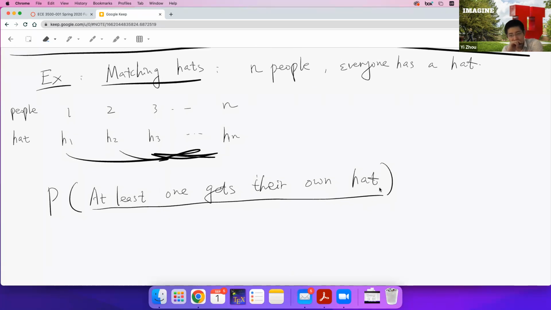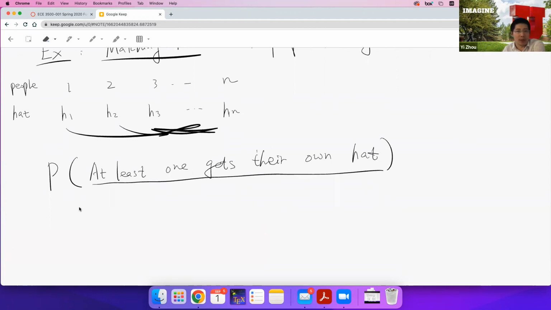So we can think about this problem starting from the basic structure of the probability space. First of all, what is the outcome space of this experiment? You collect n hats, randomly shuffle them, send them back to everybody. What are all the possible outcomes? It should be all the possible permutations of these n hats.